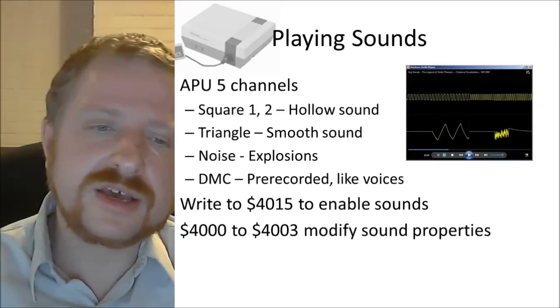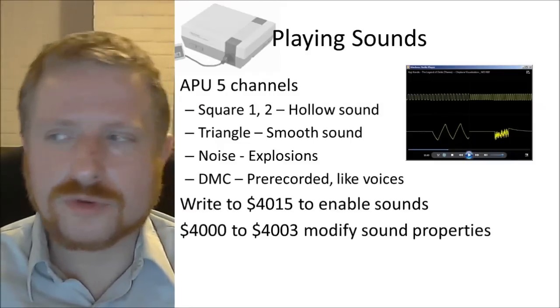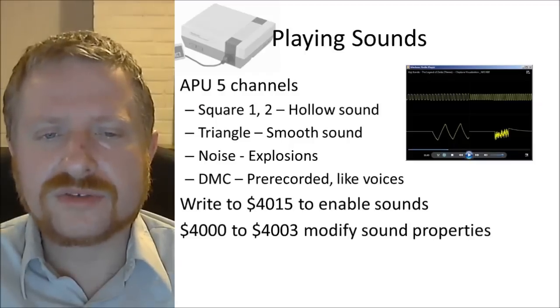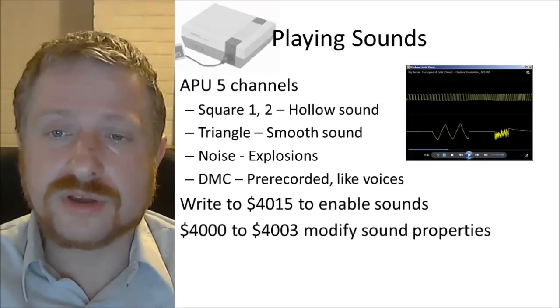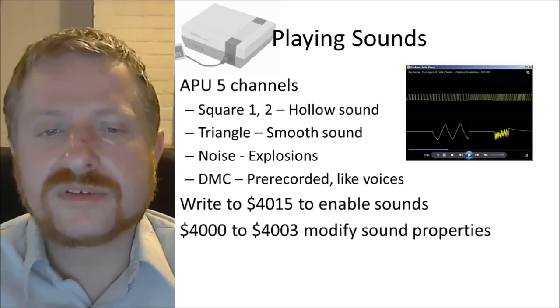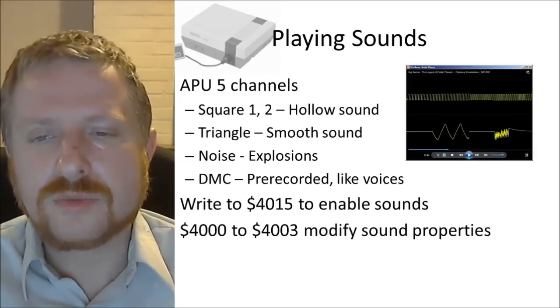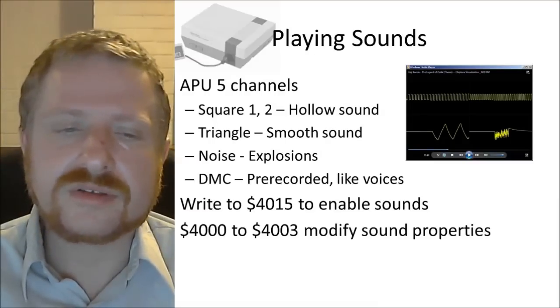And then you have the DMC channel, which is used for pre-recorded sounds such as voices. If you've ever played a game like Double Dribble or Blades of Steel, you can hear human voices in that game, and that's the DMC channel, which uses quite a bit more memory to play those types of sounds.